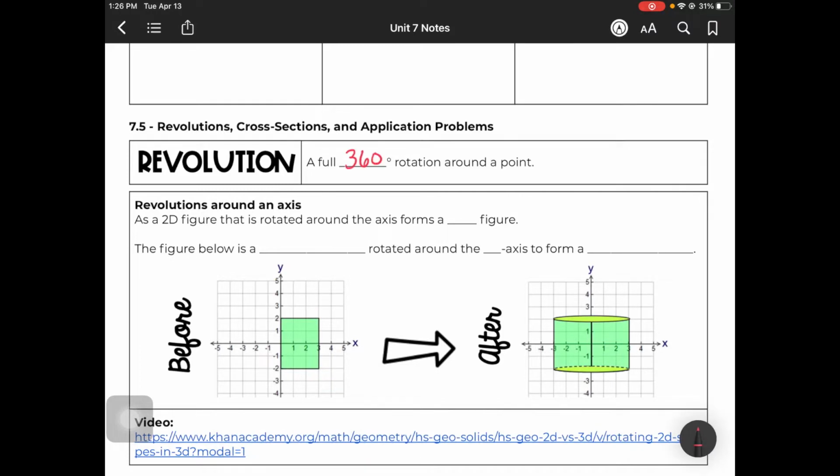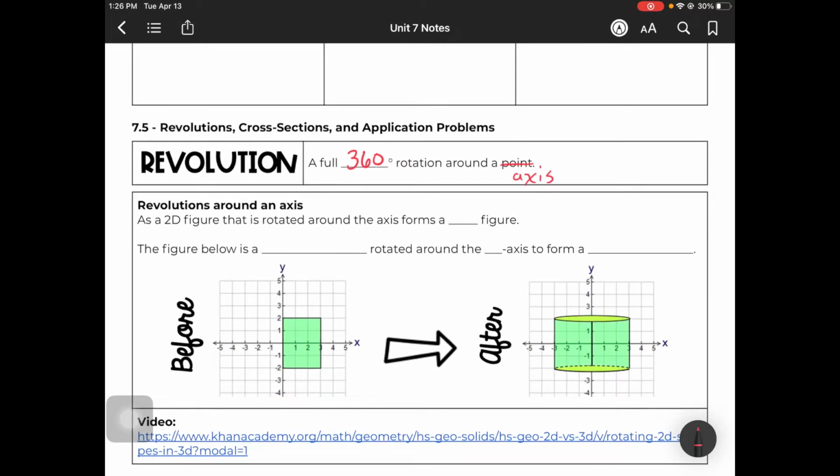So what we're taking today on our graphs is a two-dimensional figure, like a rectangle or a triangle, and we are lining up one side on an axis, and when we rotate it around that axis, it's going to form a three-dimensional figure.